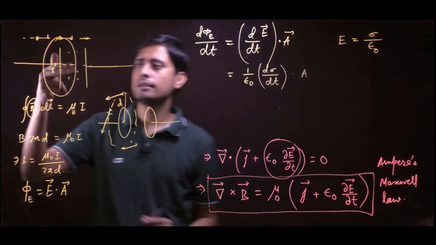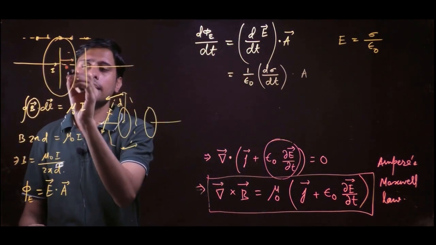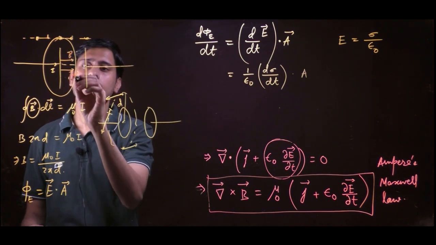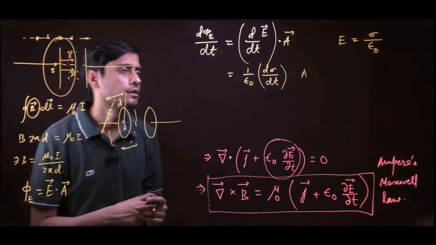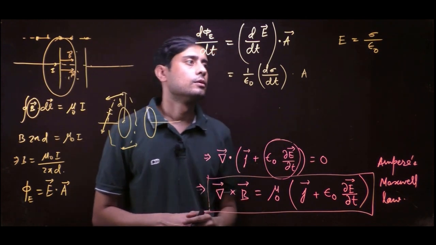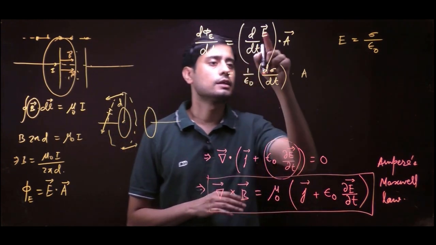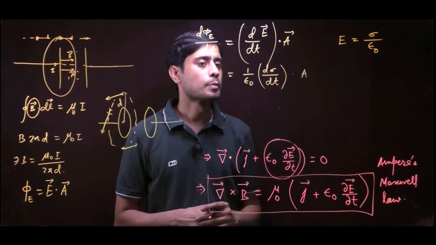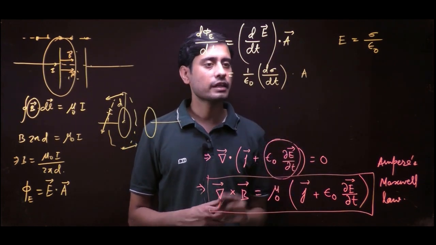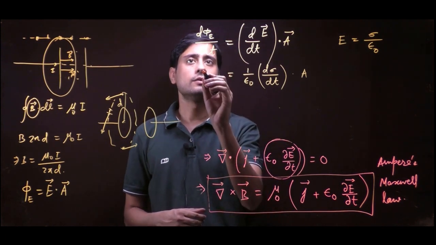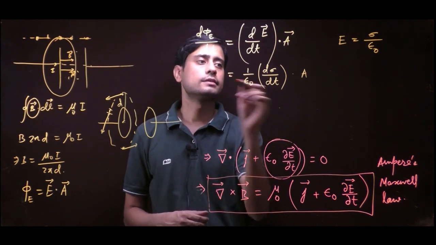Here the electric field is along the area vector, which is also perpendicular to the plate. So E vector and A vector being parallel in our case, cos 0 will give you 1. So I have omitted these vector signs. This is the rate of change of electric flux.